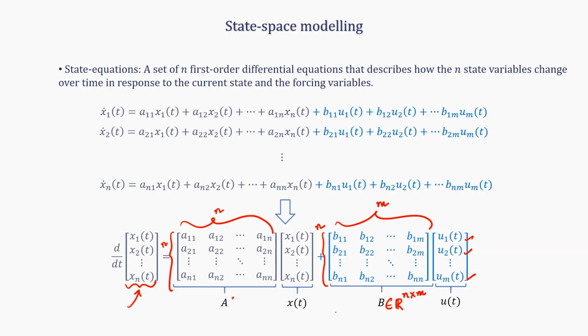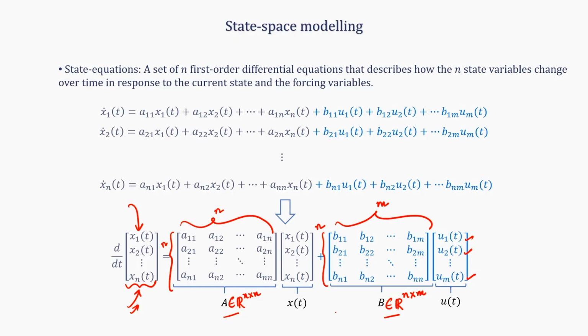A was an n cross n matrix and B is an n cross m matrix. Remember these dimensions. Once I know A and B, and of course, A and B depend on the state vector that you have chosen. So, first of all you decide the state vector and then you try to find out the matrices A and B.